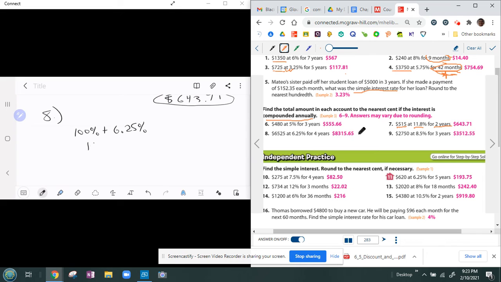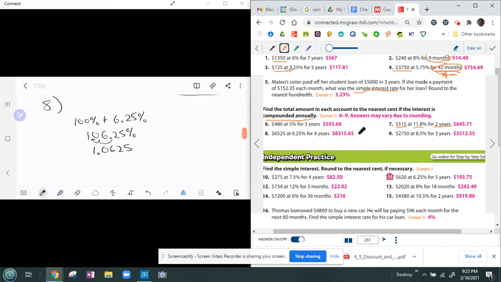That gives me 106.25%. So I'm going to bump this over twice and have 1.0625. Okay. When I multiply by that, that automatically takes that whole, right, one whole of the principal and adds on automatically the 6.25%.